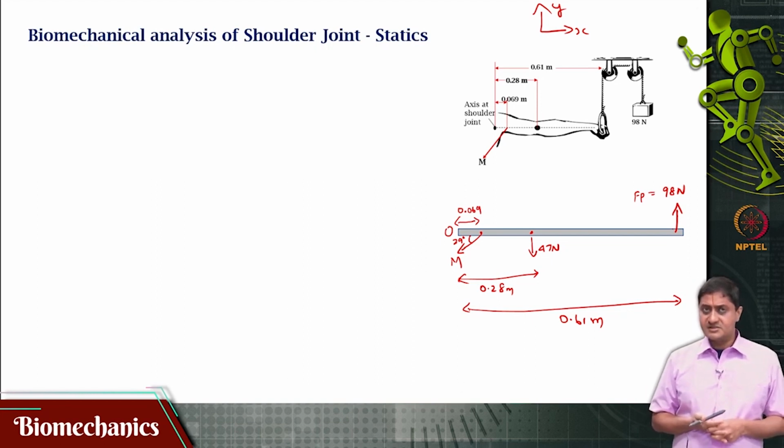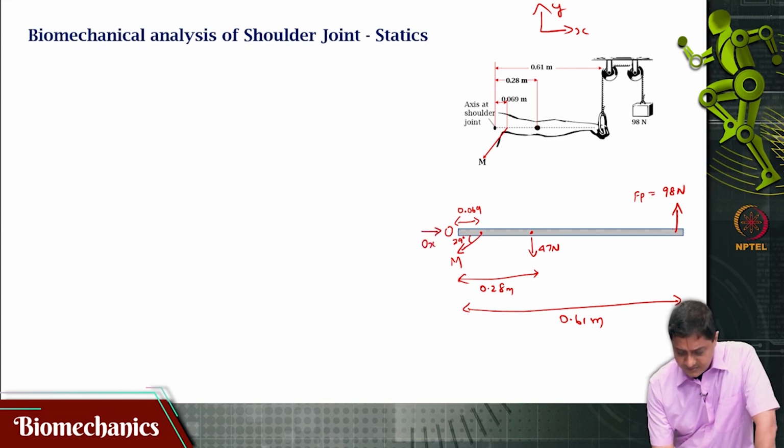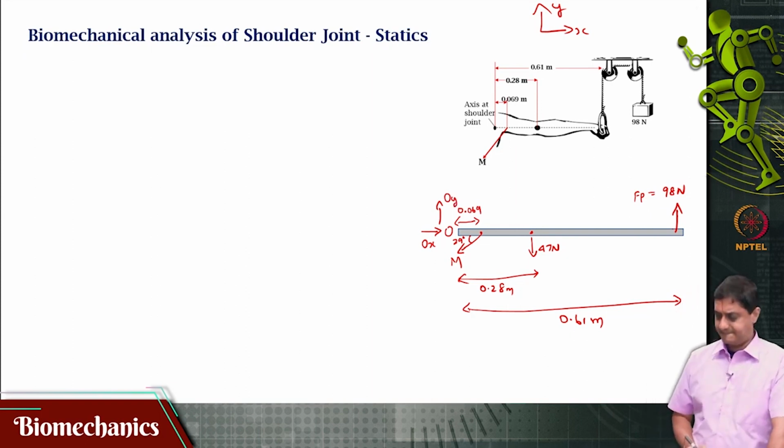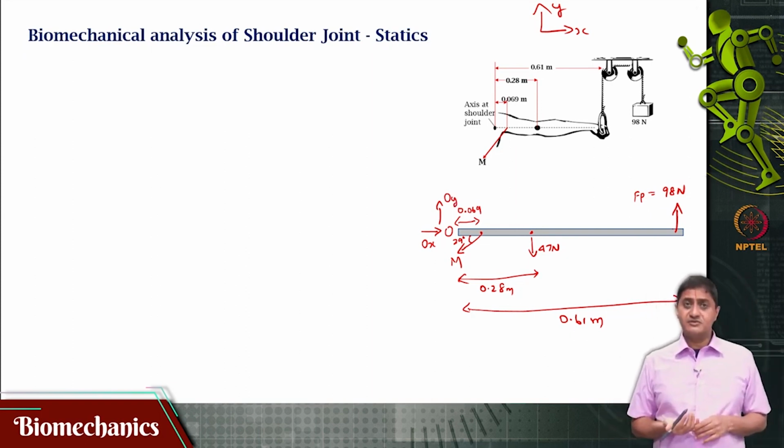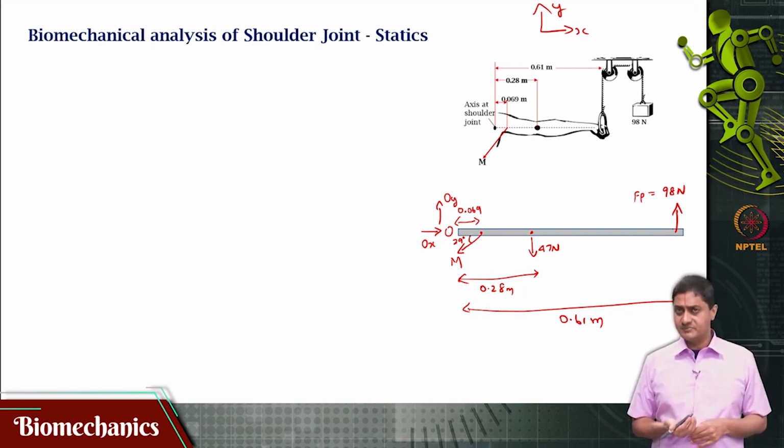Because it cannot accelerate horizontally or vertically, it will have reaction forces acting at OX and OY. The question asks us to find only the value of the muscle force M, not the reaction forces. We will get started with that.